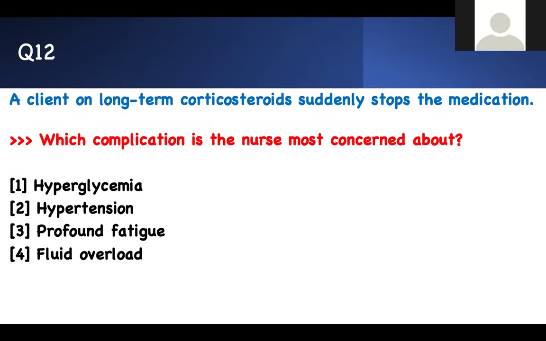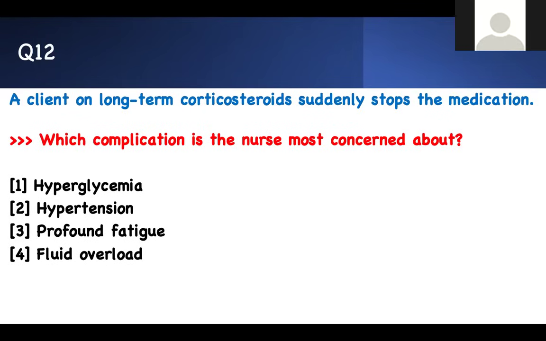They increase your glucose. They increase your sodium. They decrease your potassium. They increase your blood pressure. These 4 things are good to know. But patients stop taking the medication. What do you think? Should their sugar go up? Should their blood pressure go up? Should they have fatigue?